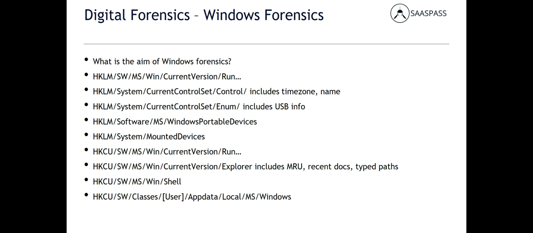Also, if you access one of the docs, say a Microsoft Word file, these are remembered. And also the most recently used folders are remembered. The CurrentVersion Explorer key and its subkeys include a whole lot of information about these historically stored data for the current user.